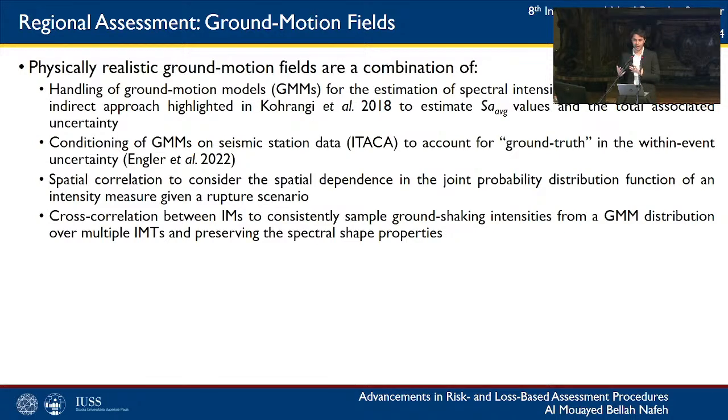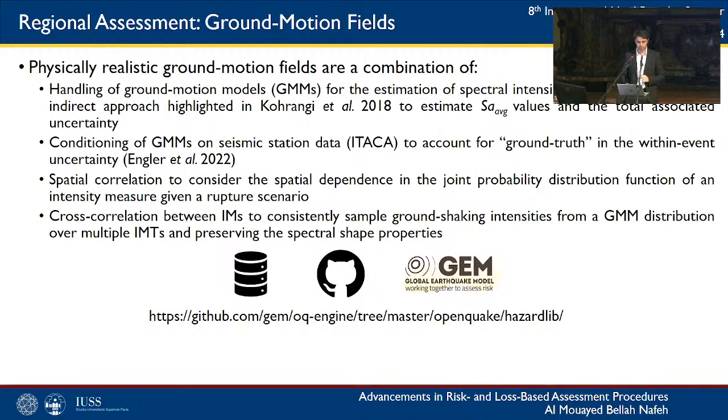Cross-correlation was also an important aspect of the development of these ground motion fields for the consistent sampling of ground shaking intensities from a ground motion distribution over multiple intensity measure types while still preserving the spectral shape properties.